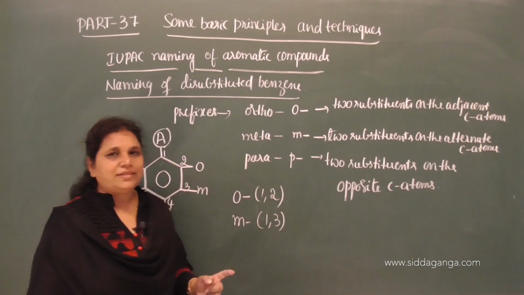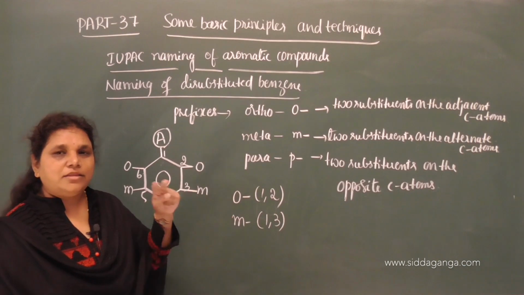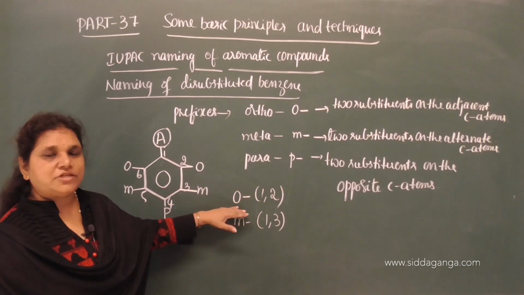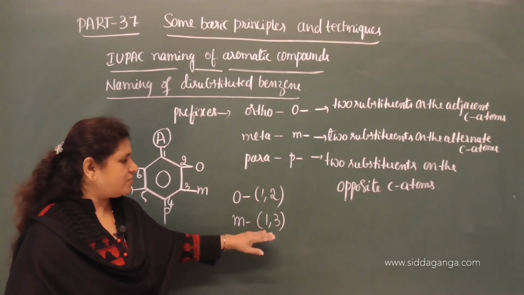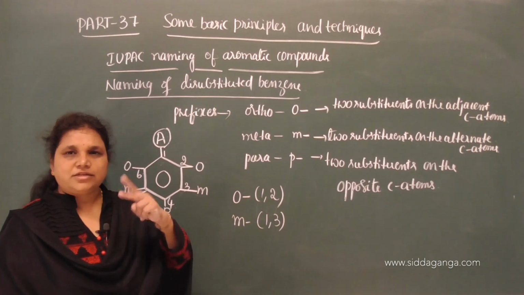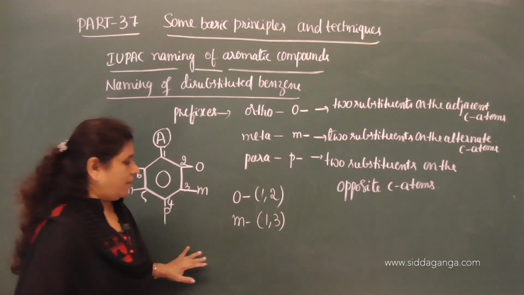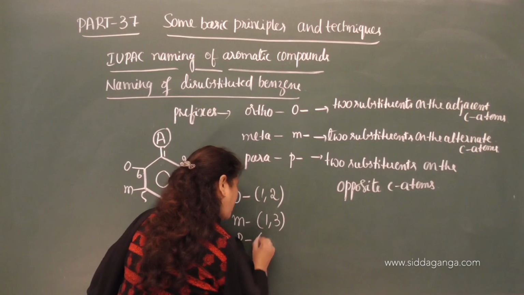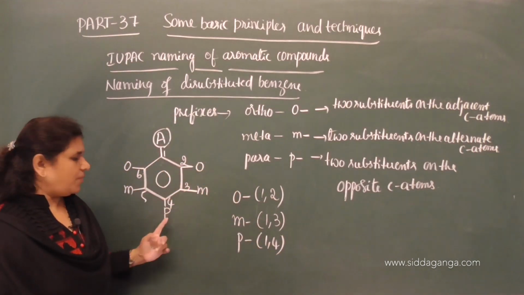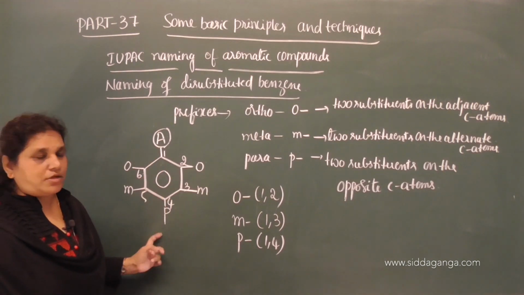That is 1, 2 ಅಂತ ಬರೆದ್ರೆ what it indicates, the 2 groups are on the adjacent carbon atoms and that position is ortho. If we write 1, 3 it indicates the 2 groups are on the alternate positions and it is meta, and para. Para is 1, 4.